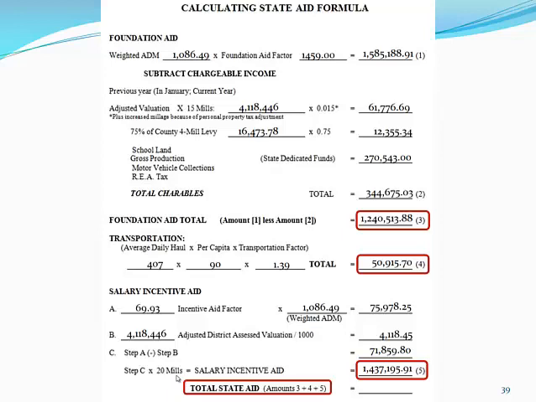Okay, these stand independent of each other, each of the 3 portions. That's why you have to change it to 0. So our total state aid for this district then becomes $2,728,625.49.